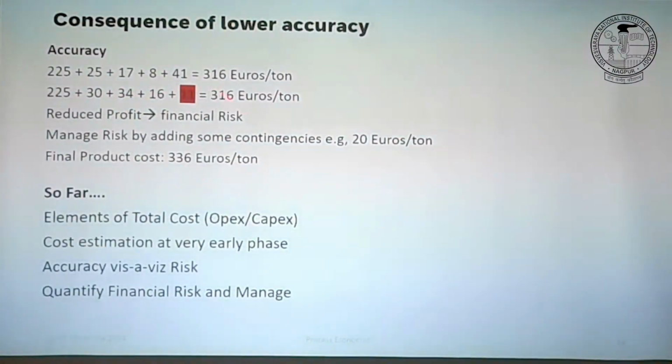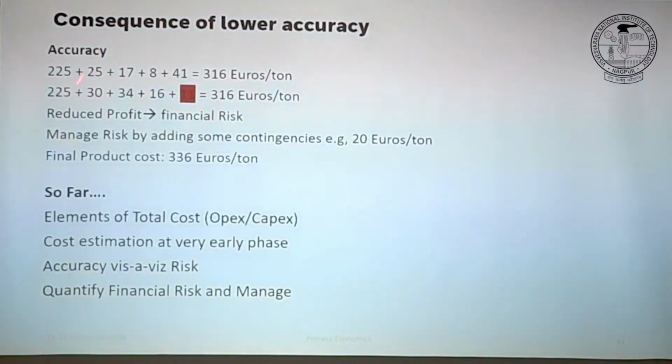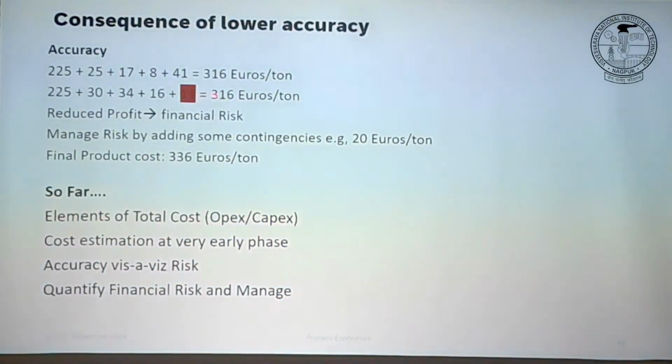That means if I want to sell at the same price, I will have much lower profit. So I'm making only 11 instead of 41. Earlier we targeted 15% profit, but our wrong estimation can result into finally getting only how much it is, 3%.